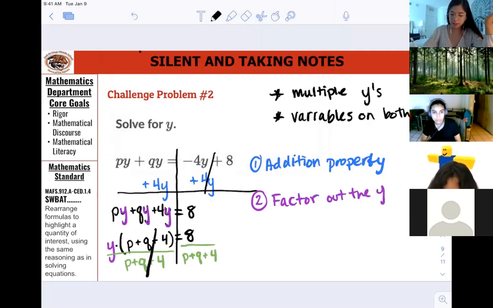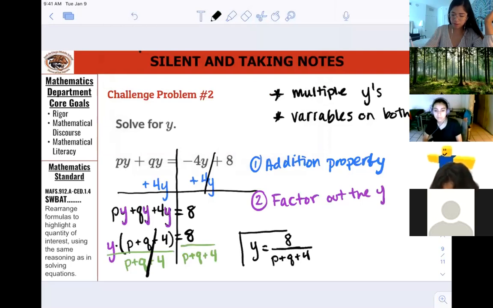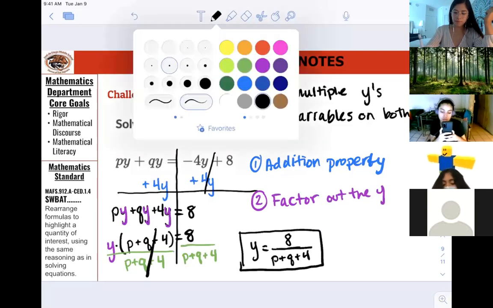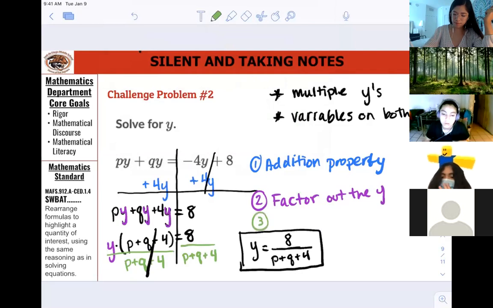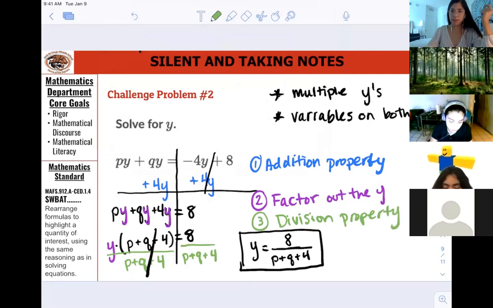So my final answer is Y equals 8 over P plus Q plus 4. Any questions on factoring, aka backwards distribution, aka kicking Y out of the party?